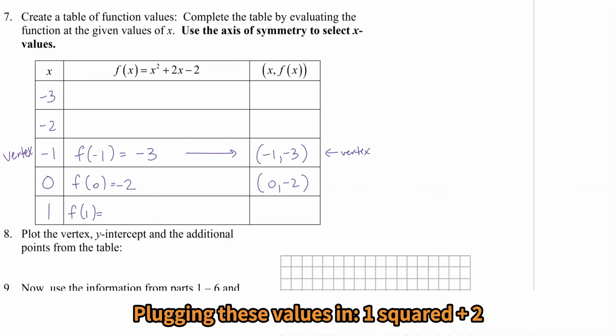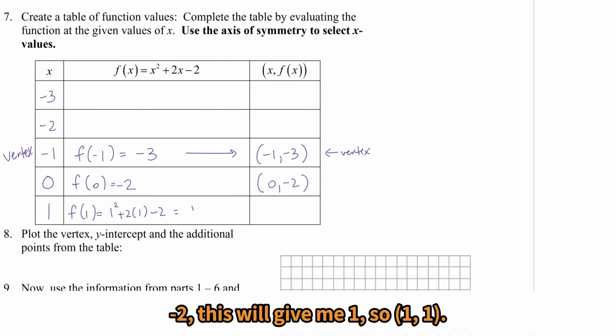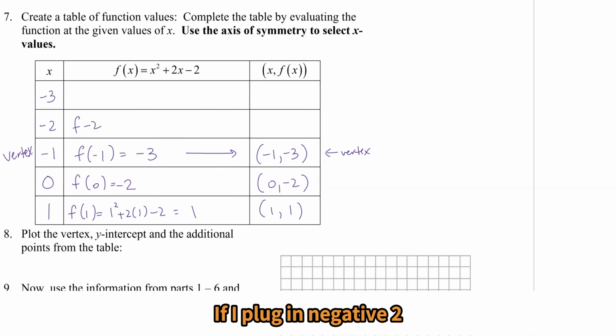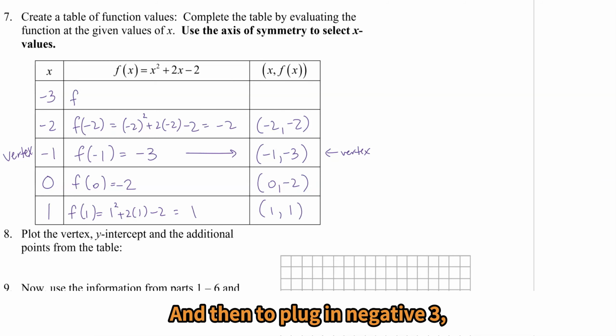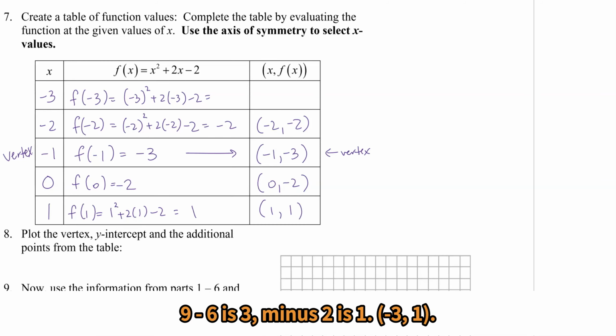Plugging these values in, 1 squared plus 2 minus 2. This will give me 1, so 1 comma 1. If I plug in negative 2 and simplify, I get negative 2, negative 2. And then to plug in negative 3, 9 minus 6 is 3 minus 2 is 1, negative 3, 1.